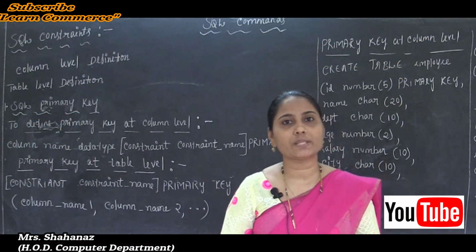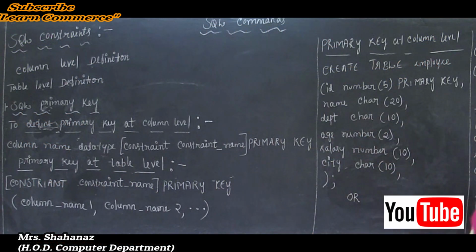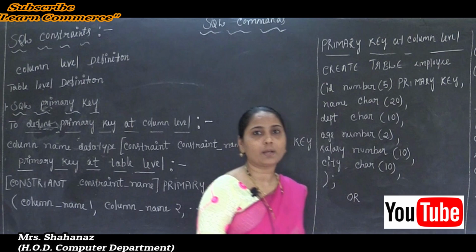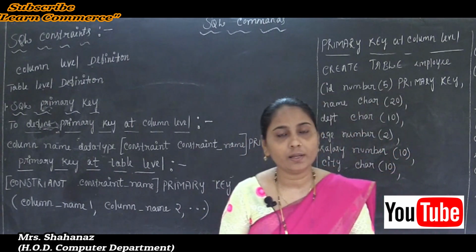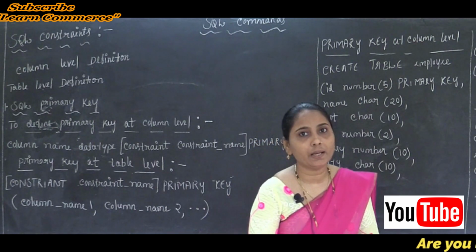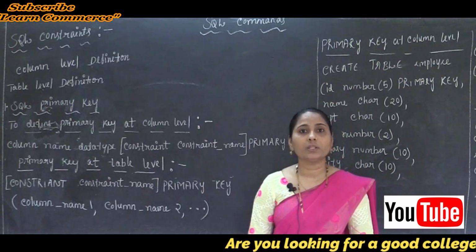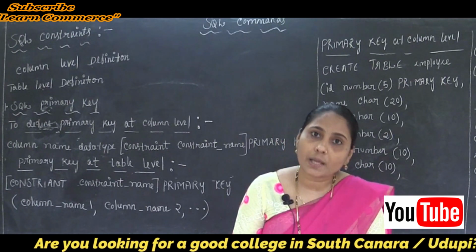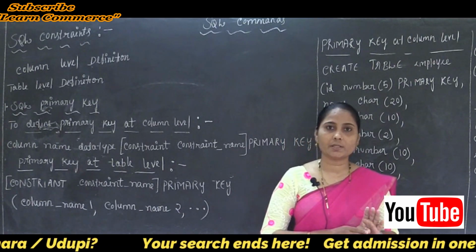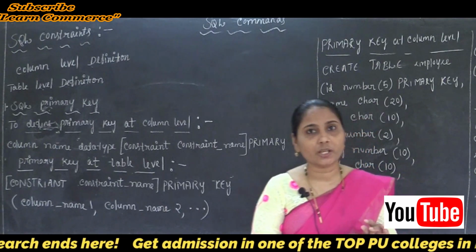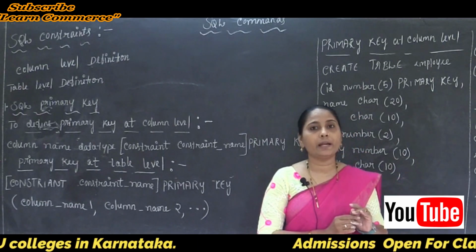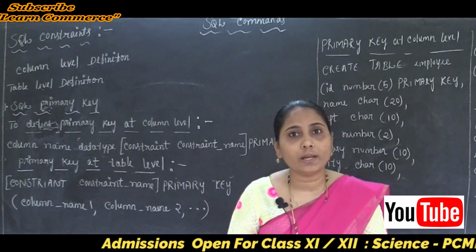Welcome to second PU Computer Science online classes. In the last class, we already completed some important concepts from SQL commands: the meaning of SQL, history, SQL architecture, and some commands like DDL and DML, and also the data types of SQL and some operators in SQL commands, that are arithmetic operators, logical operators, relational or comparison operators, and the operator used to negate a condition, and also the last thing, SQL expressions.